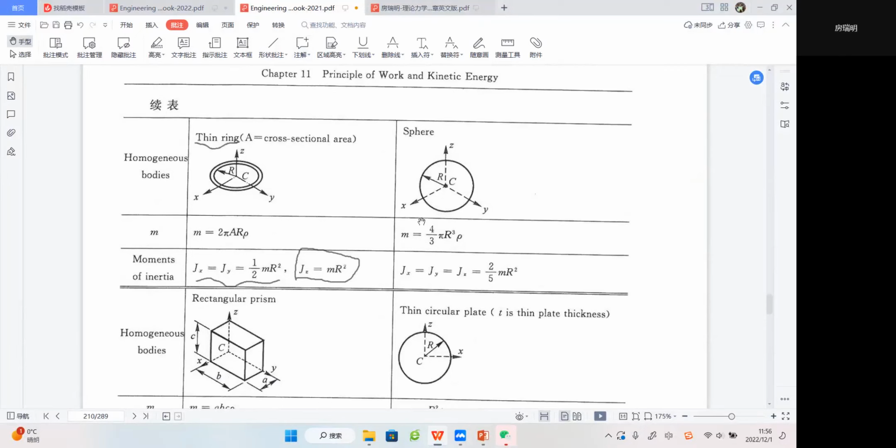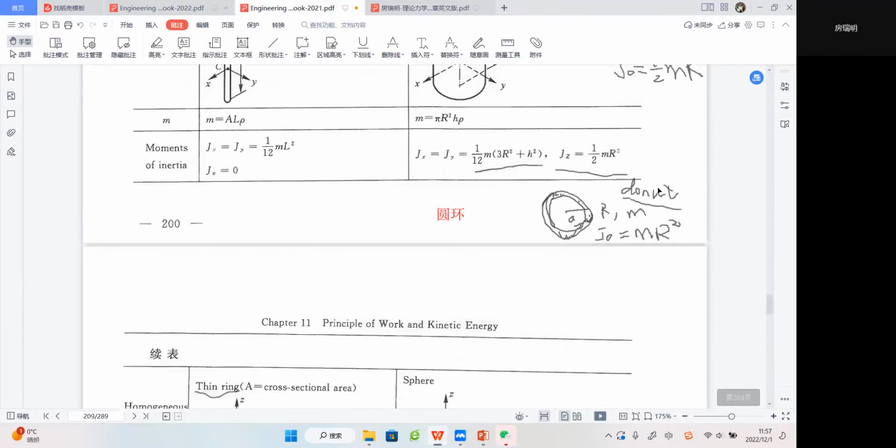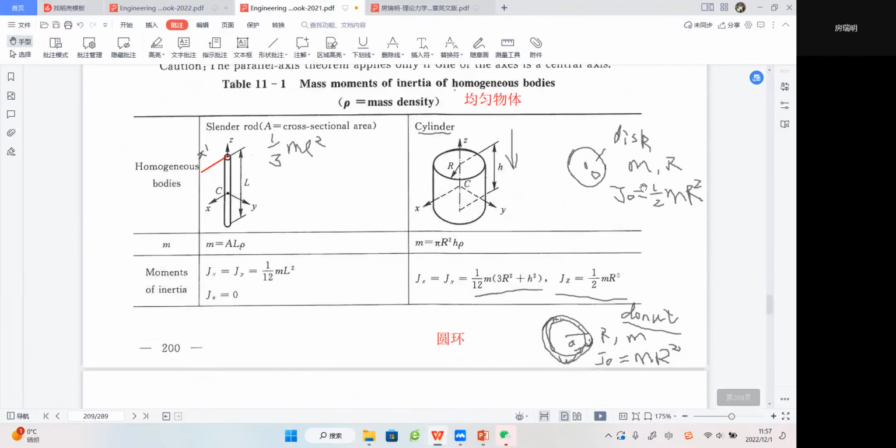For sphere, Gx, Gy, Gz, because it is symmetrical, all will be two over five m r squared. But it's not very commonly used, so I do not need you to remember that. But this one, this one, this one, and this, I hope you can remember.